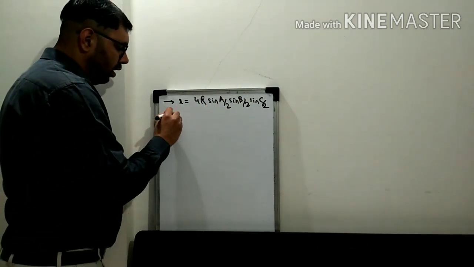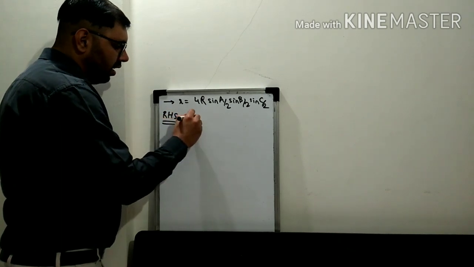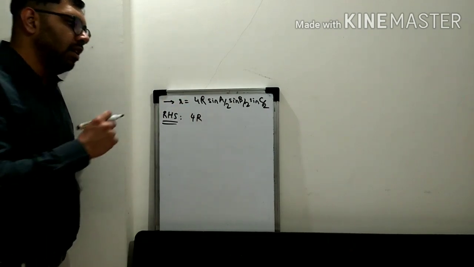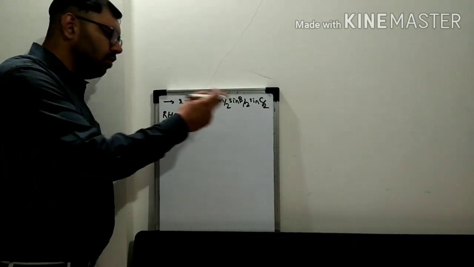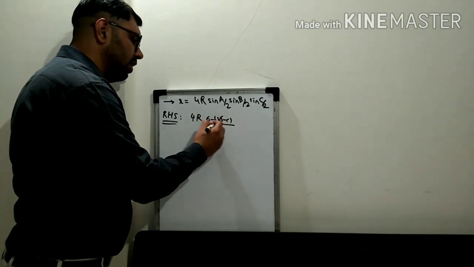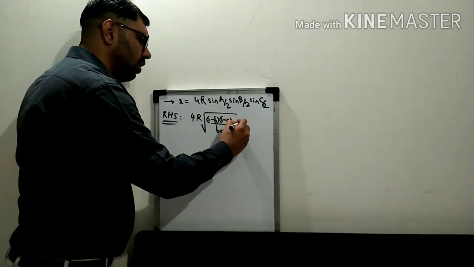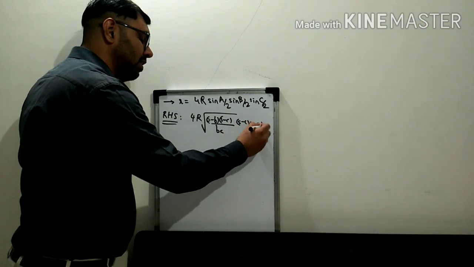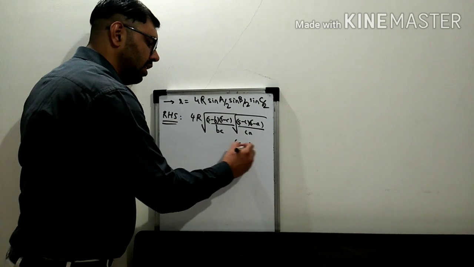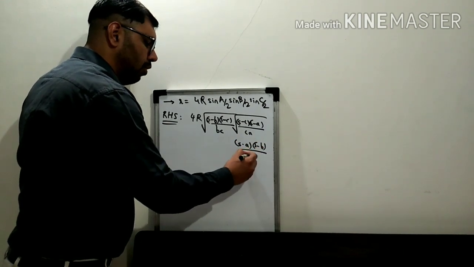If we start with the right hand side, 4 into capital R, and then for each of the three terms we have the half angle formula. So for sine a by 2, sine b by 2, sine c by 2, we can apply the half angle formula: root of s minus b, s minus c upon bc, then root of s minus c, s minus a upon ca, and then root of s minus a, s minus b upon ab.